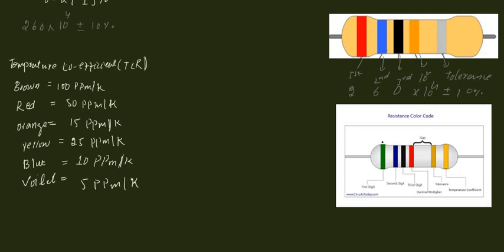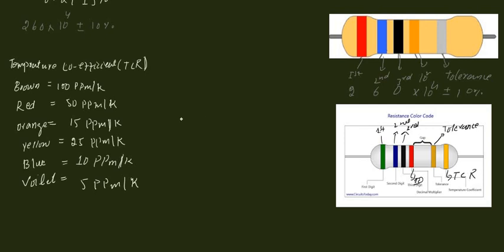So the first band represents the first digit, the second band represents the second digit, the third band will represent the third digit, the fourth band will represent the power of 10 multiplier, the fifth band will represent the tolerance, and the sixth band will represent the temperature coefficient of this resistor.